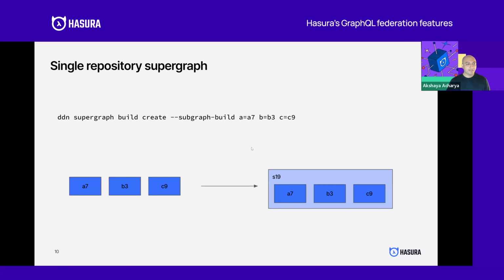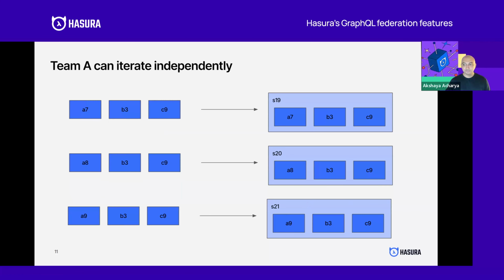When team A wants to test their API, they can take their own subgraph build and pull subgraph builds from other teams, and build supergraphs, which means they can now test their own subgraph in the supergraph context. Then they can continue to iterate on this, creating new subgraph builds based on that.